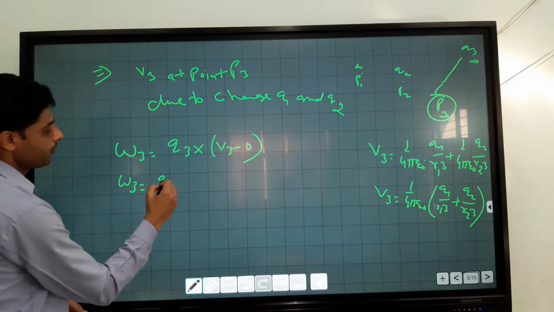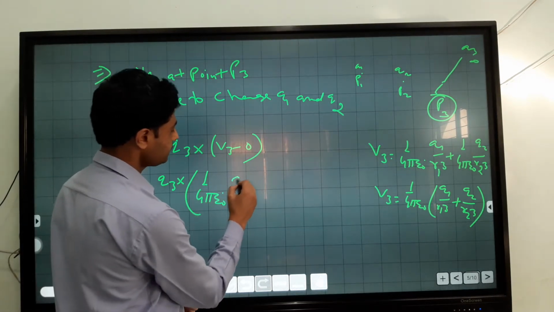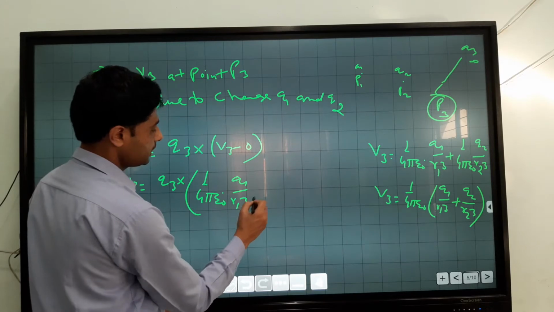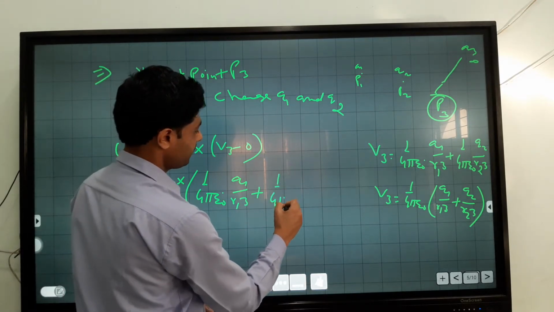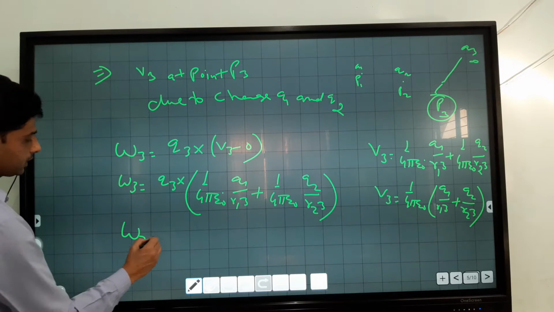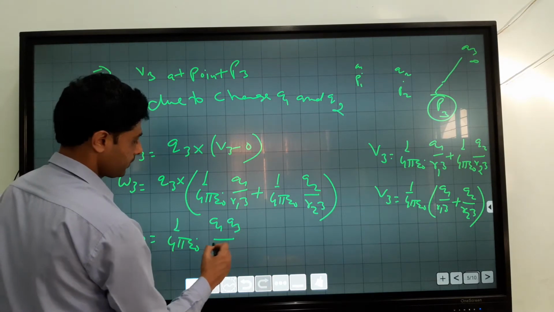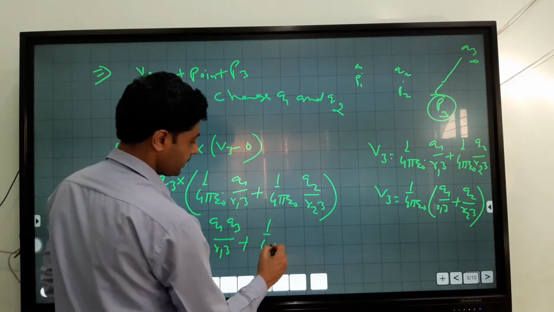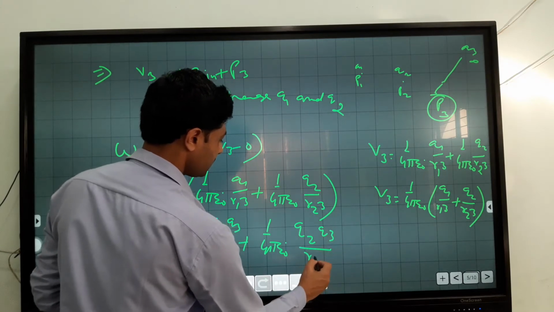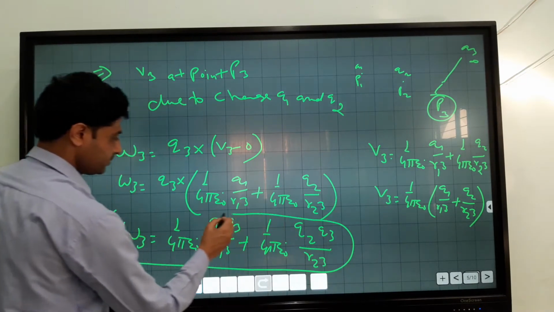So W3 equals 1/4 pi epsilon naught Q1 Q3 upon R13 plus 1/4 pi epsilon naught Q2 Q3 upon R23. This is the value of W3.